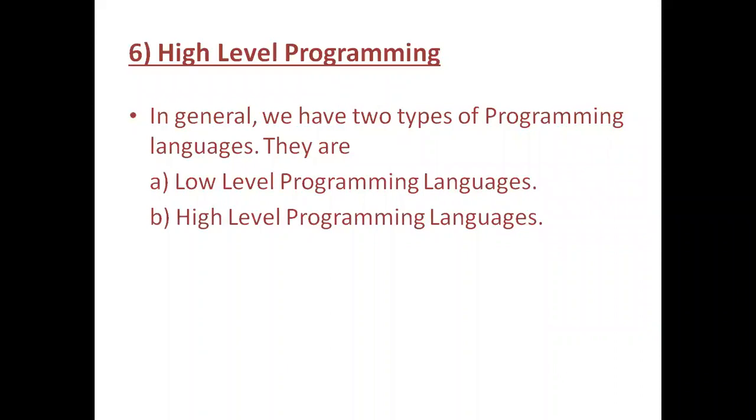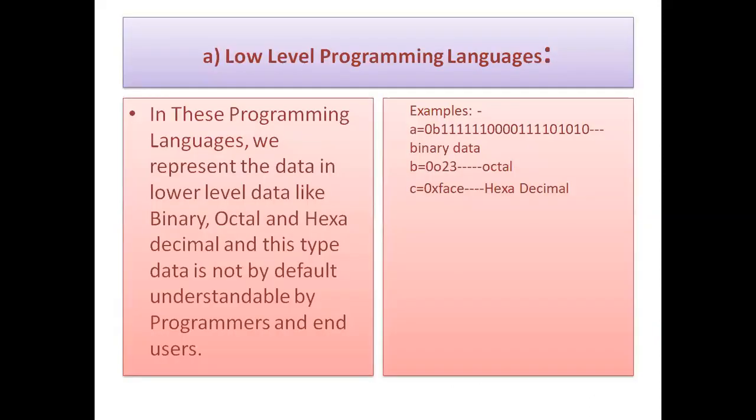it is a high level programming language. Now, what is the meaning of high level programming language? In general, we have two types of programming languages. They are low level programming languages, and second is high level programming languages. Now, what is a low level programming language?